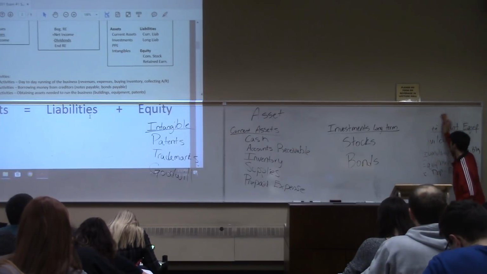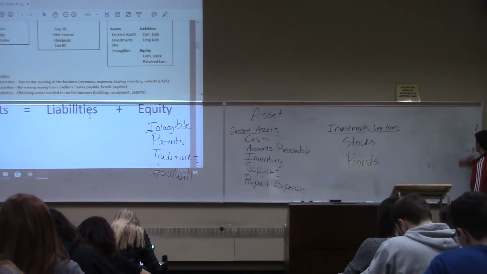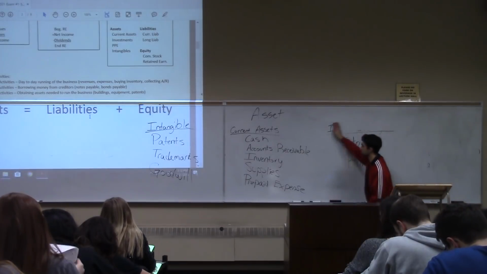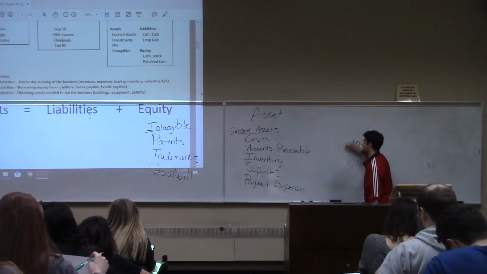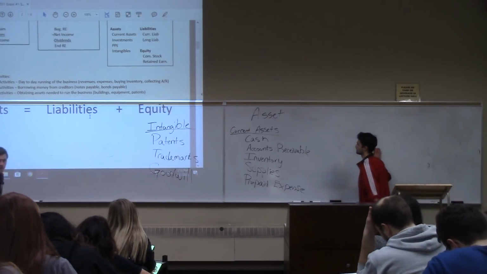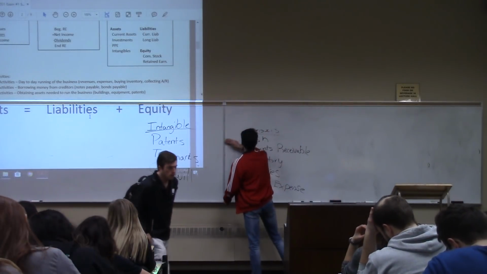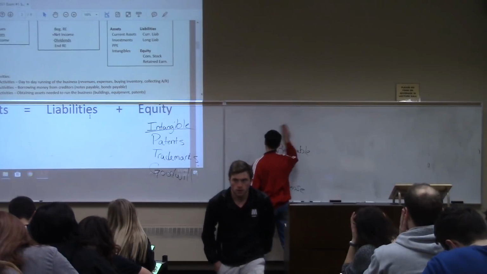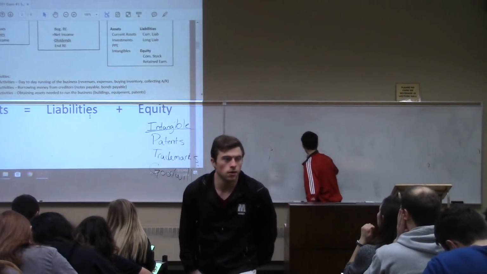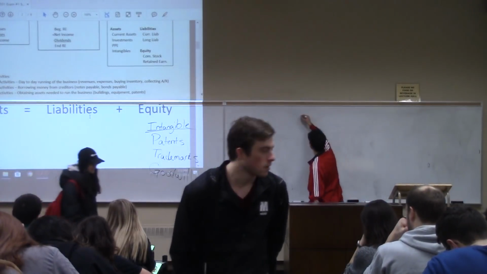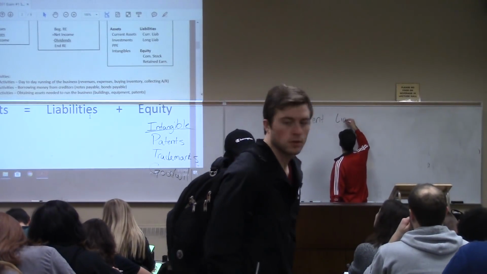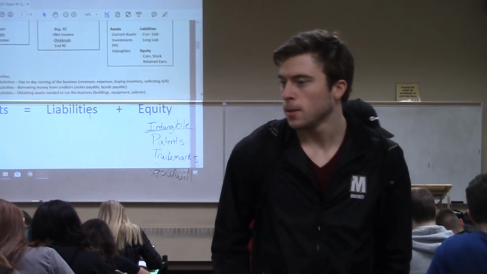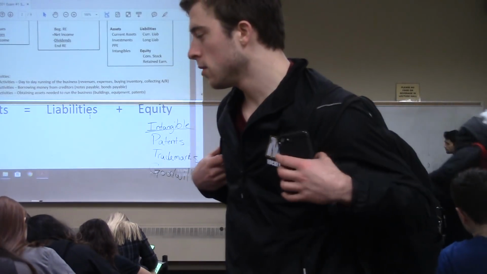So moving on to liabilities, we can split liabilities up into two different categories. We've got short-term, or I should say current liabilities, which again, current means we're going to pay them off within the year.